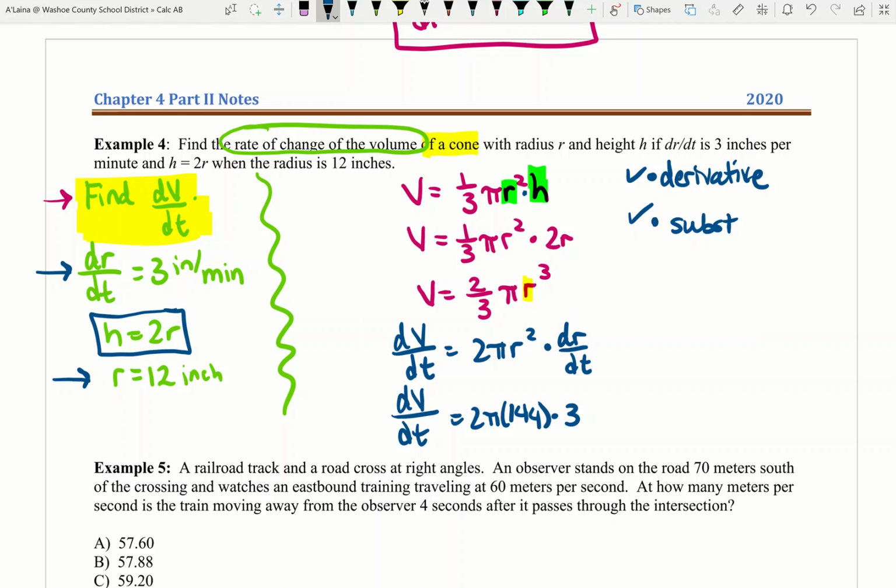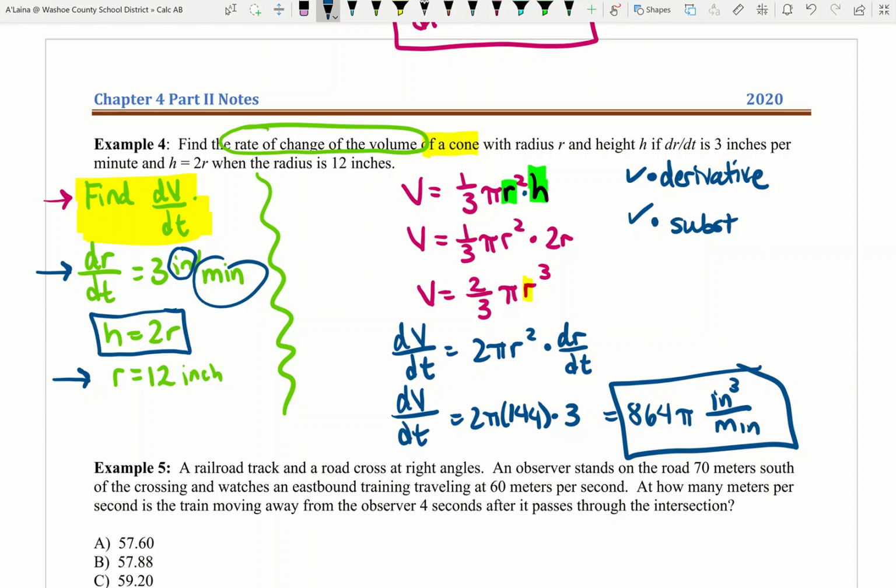I'm going to end up with 864 pi, and then I've got to think about the units. It's easy to tell that time is in minutes. But keep in mind, this is the rate of change of volume. Volume is always units cubed, and our linear unit for the radius was inches, so this would be inches cubed per minute for the units.